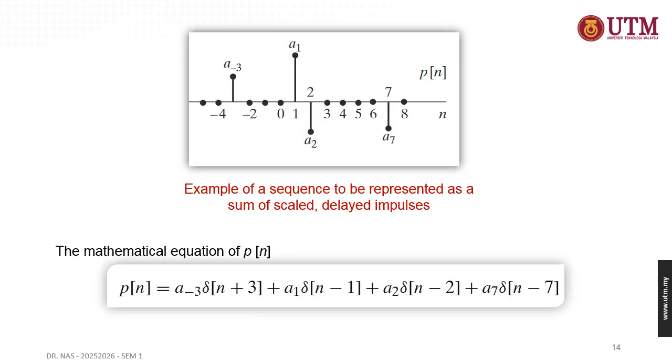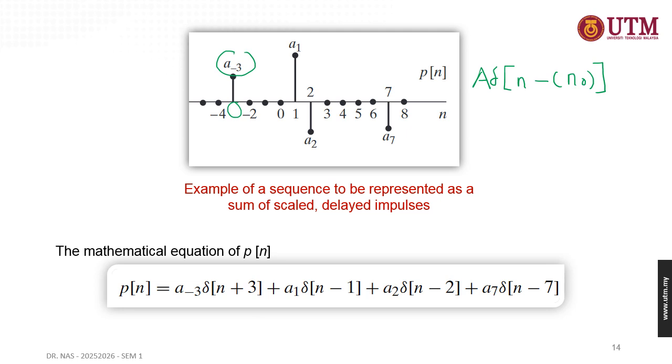Okay, next, how are you going to write down the equation for this particular signal? You need to consider the amplitude and also the location. Remember the basic equation: the amplitude, and then δ in n minus your n0. Whether your n0 is positive or negative depends on the location. Start from the left-hand side.